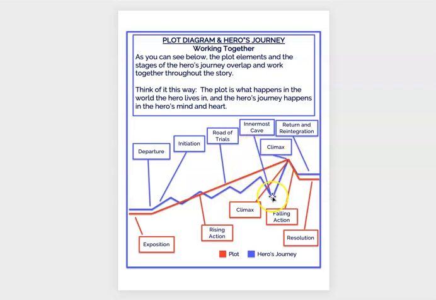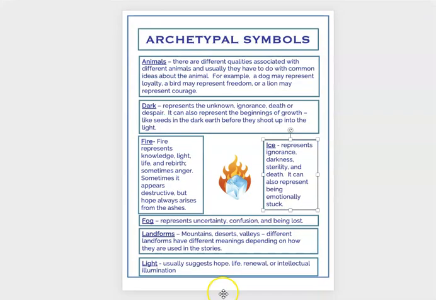The innermost cave, the low point, right before the climax, which is the same for both, and then the return and reintegration happens more during the resolution and the falling action. I guess maybe the return is the falling action and the reintegration is the resolution. So that's how the two of them work together.